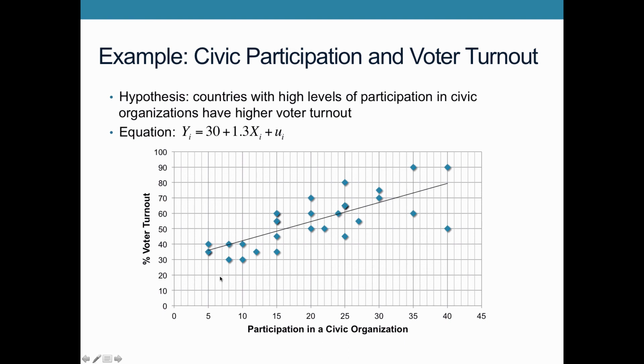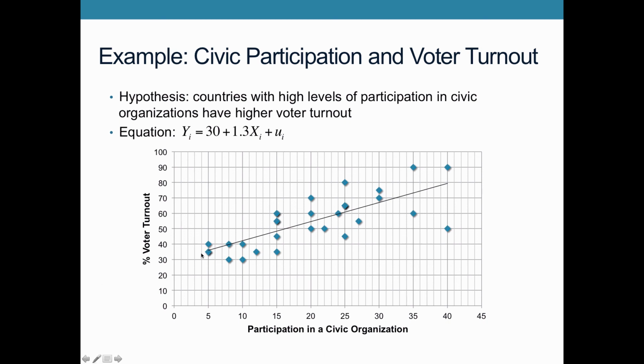Thinking about this, that means that it intercepts right around here. So if you were to have a country that had no participation in a civic organization, you would estimate that they would have a 30% turnout rate. That's what that means. I don't have any data points here because that's really not something that you ever see in a democracy, but it's possible, right?